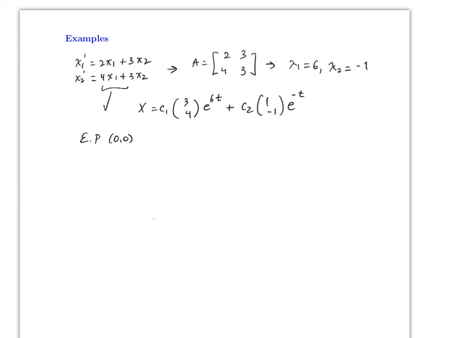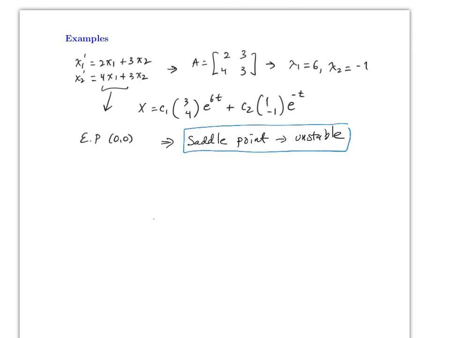Both eigenvalues are real, but one is positive and one is negative. That means you have a saddle point, which is unstable. This is the part that is new, I guess.